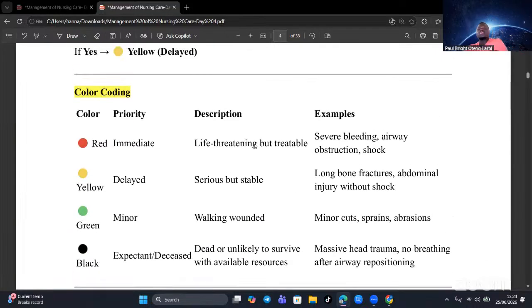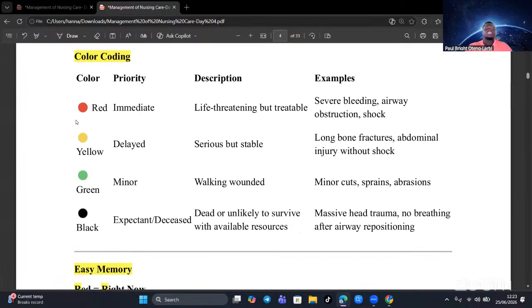So these are the color codes. Red people can have severe bleeding, airway obstruction, or shock. Yellow, you see people with broken bones, crying, pain med, pain med, pain med. Forget about them, do your assessment. Abdominal injury without shock.